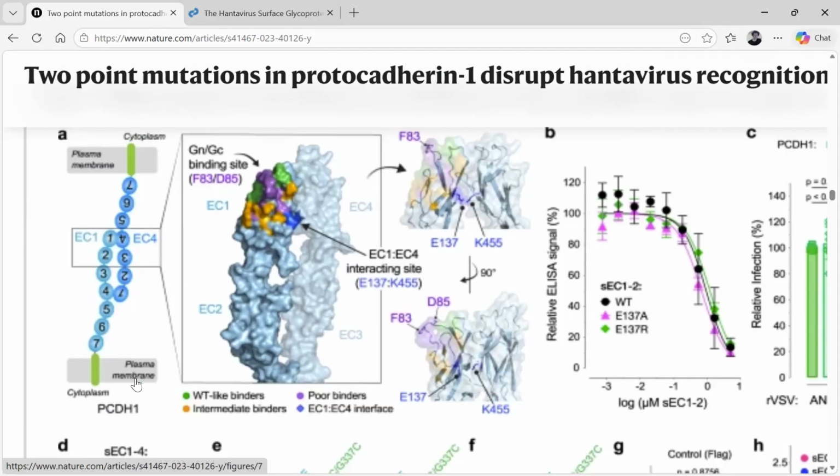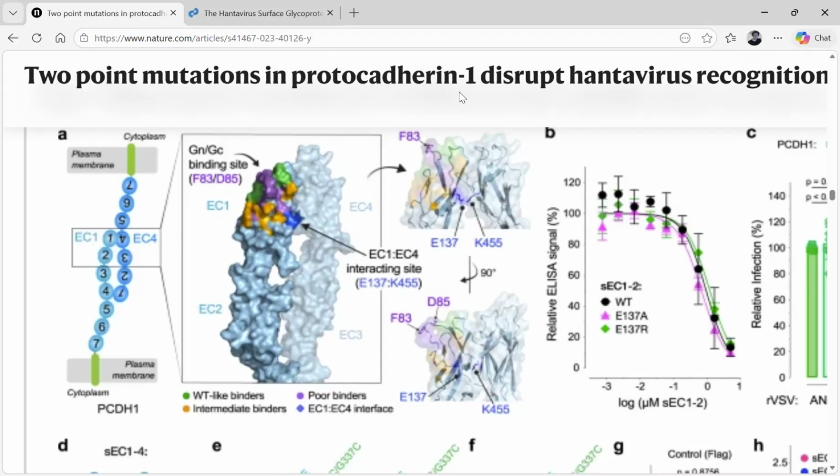And you have another cell membrane in the cytoplasm. So this is how cells can bind together. But a virus can attach to these protocadherins.